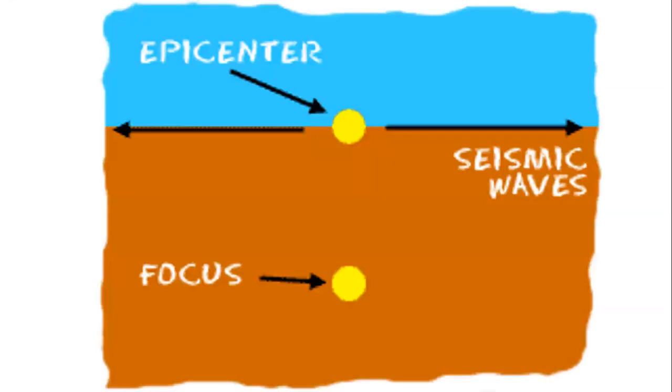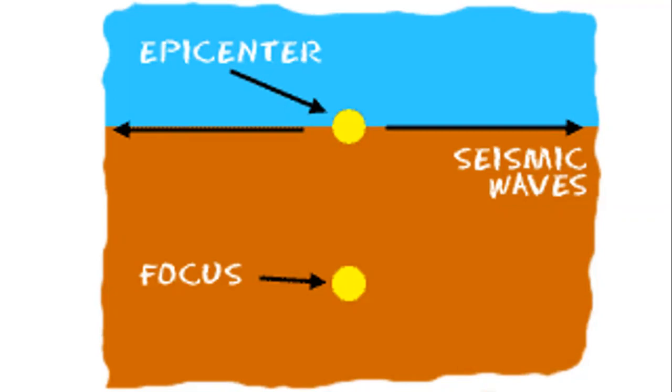Again, so we have focus, which is the area under the Earth's layers where all the energy comes from. But the area above this focus is called the epicenter, which means this is the area which gets most of the energy, which gets most of the earthquake.